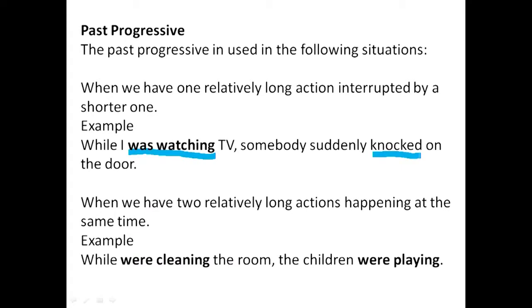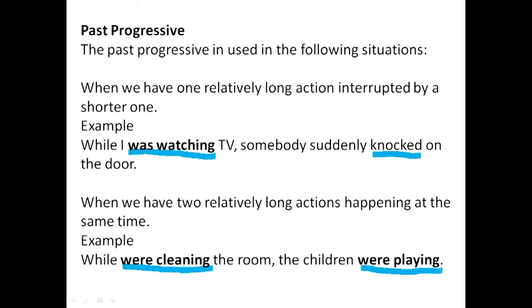The other environment is when we have two relatively long actions happening at the same time. Example we have here: while we were cleaning the room, the children were playing. These are two long actions happening at the same time.